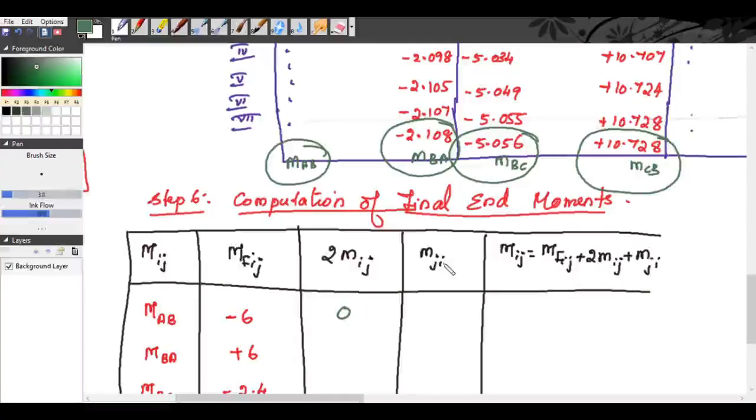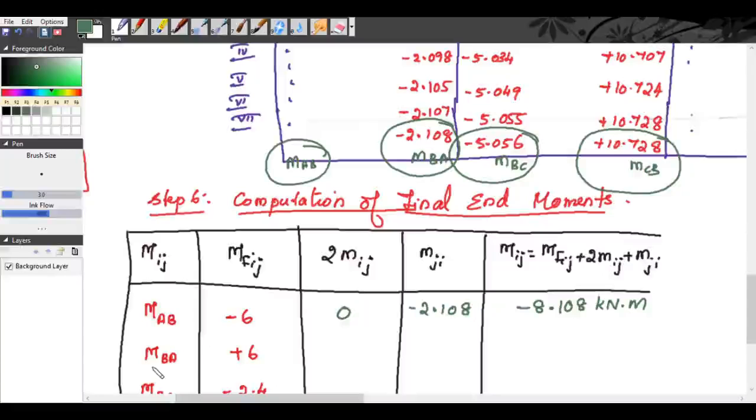Now, mJI means J is B, I is A. That means mBA. mBA is minus 2.108. So, adding these three, minus 6, 0, minus 2.108, we get minus 8.108 kilonewton meter.